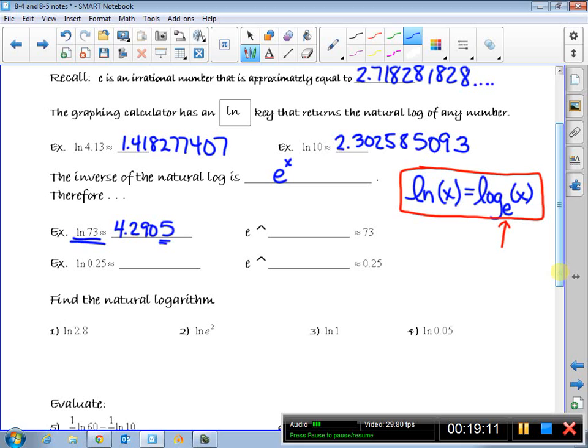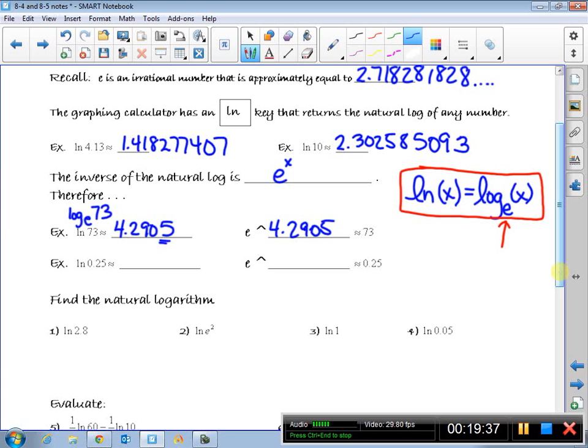I rounded that up from the 5. So if I know the ln of 73 is that, and that this is really the same as log base e of 73, then e is my base. 4.2905 would be my exponent, and that would give me about 73.